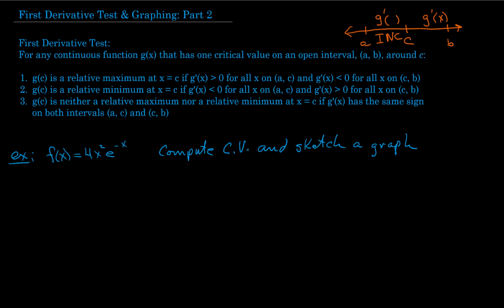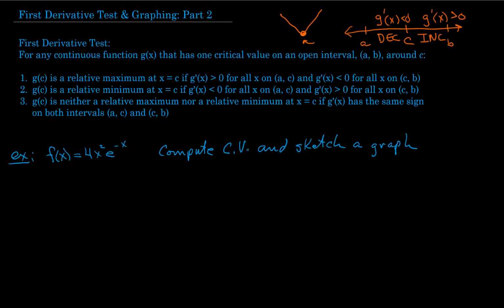What this says is if we have this same interval from A to B, and there's some value C where the derivative is 0, so it's a potential critical value, and to the left of C, the derivative is negative, to the right of C, the derivative is positive, we're going from decreasing to increasing, which means our graph is essentially doing something decreasing, increasing, making this point where x equals C a minimum.